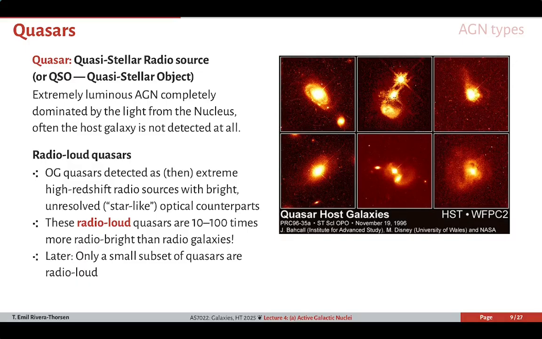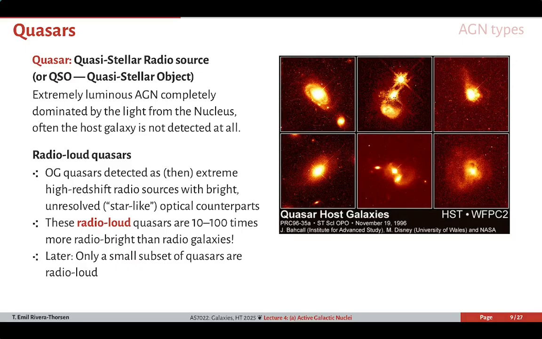So these radio loud quasars are 10 to 100 times more radio bright than the radio galaxies I just described on the previous slide. So these are another 1 to 2 orders of magnitude brighter in radio than the radio galaxies from before. On the other hand, it was later found that only a small subset of these quasi-stellar objects actually were radio loud.